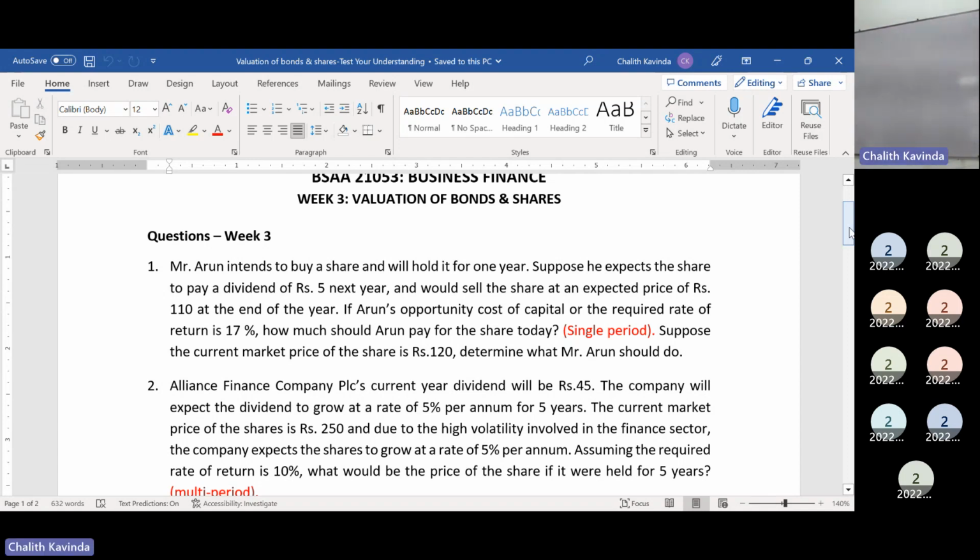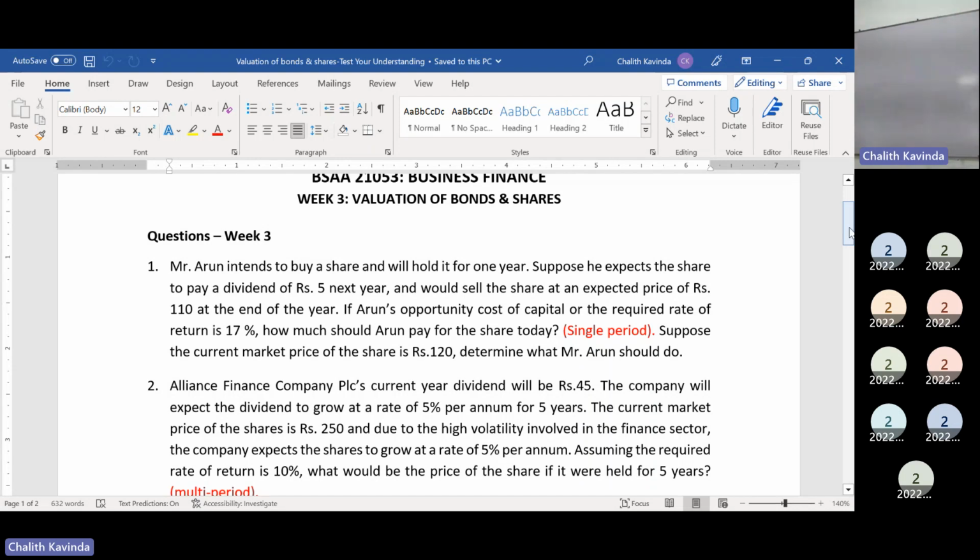That is how we segregate the question. Suppose he expects the share to pay a dividend of 5 rupees next year. That is your expected dividend. And he would sell the share at an expected price of 110 at the end of the year.